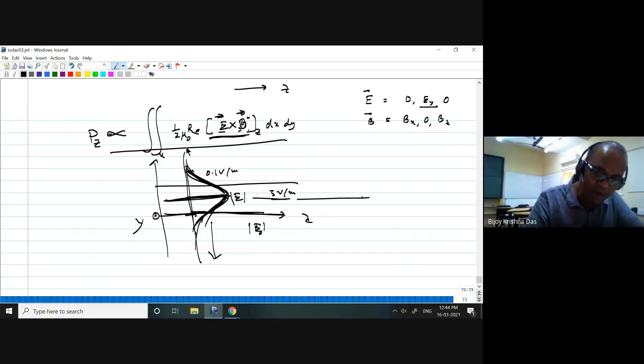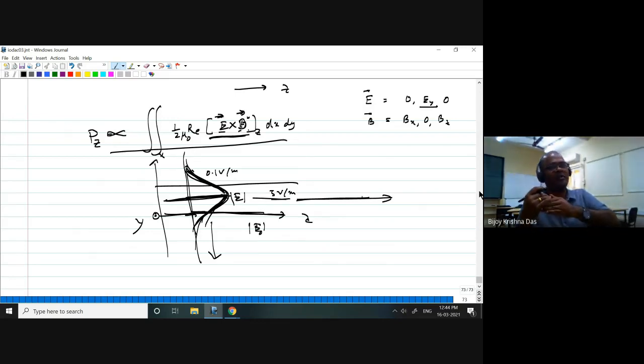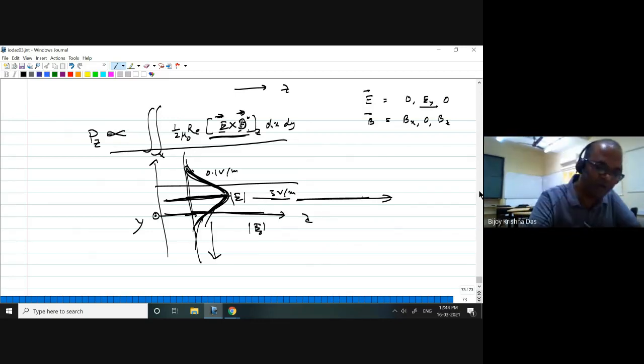Only power will be carried if I find a Z direction. In this direction, power will be carried. And in the Y direction, I'm considering normal plane wave condition, because in that direction I'm not considering any component. We'll see that. Let us try to find out E cross B, how it looks like.